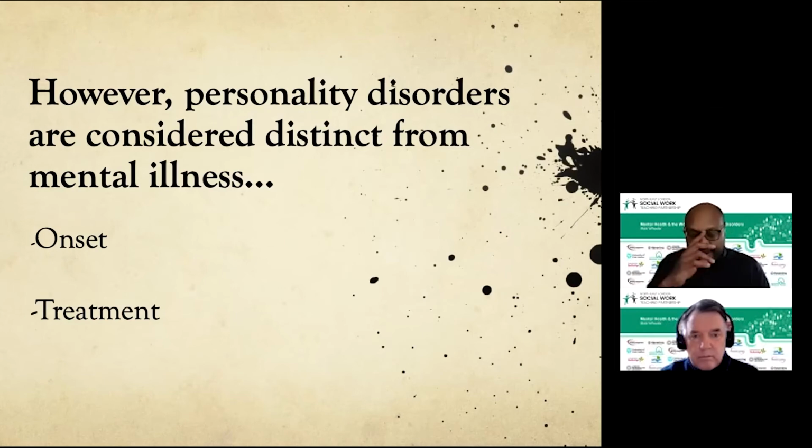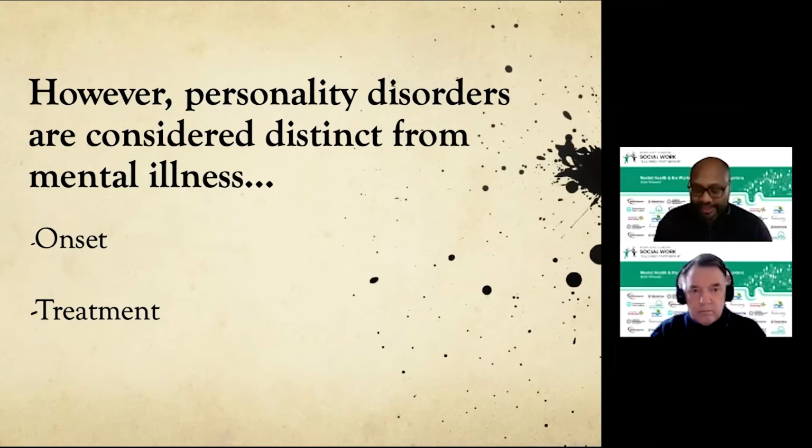That's not effective. You might prescribe something to help manage anxiety or to relieve an acute situation, but that's not to treat the personality disorder itself. It's to manage some of the effects of that. So there is a distinction between mental illnesses per se and personality disorders as we're talking about them today.